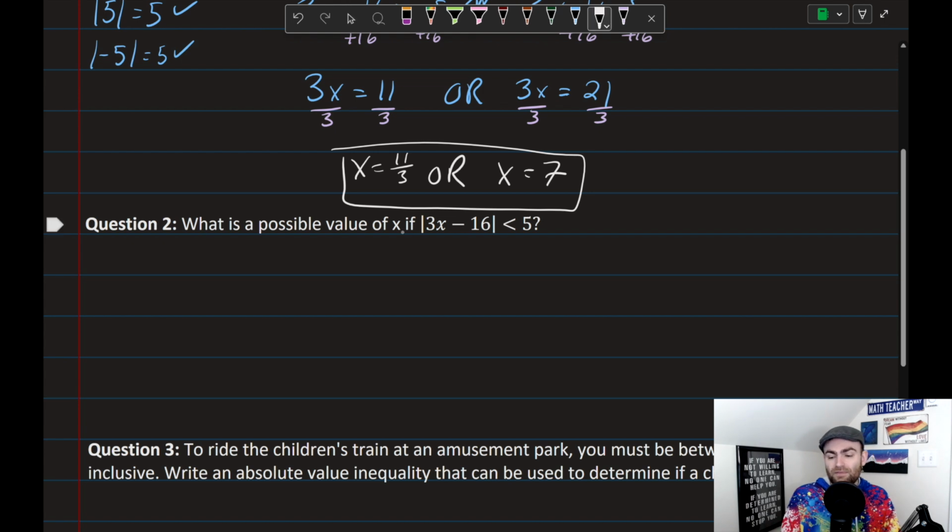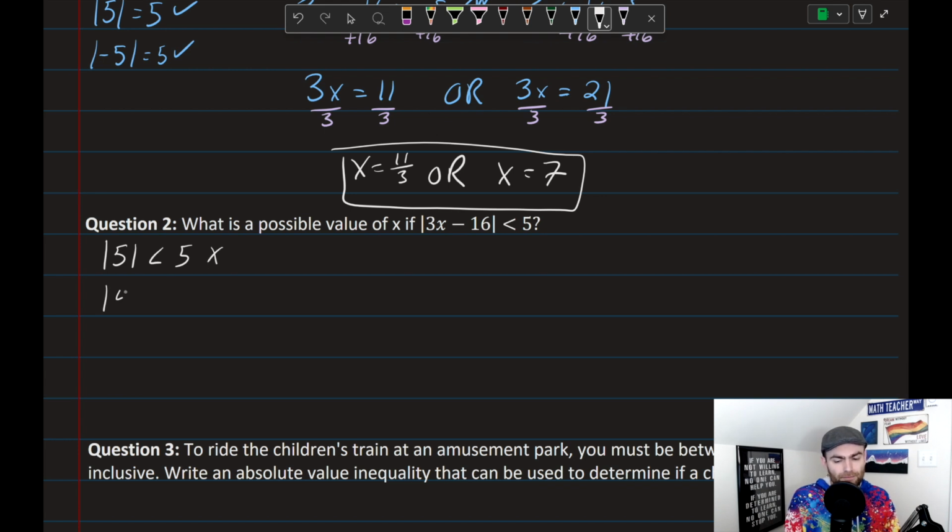So what is a possible value of x if the absolute value of 3x minus 16 is strictly less than 5? Well, this gets a little more complicated. What kind of numbers would work inside? Well, the absolute value of 5 is not less than 5. We can't have that.